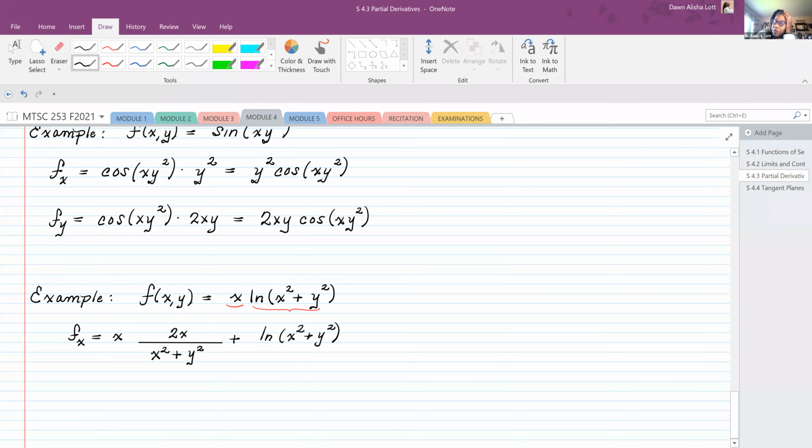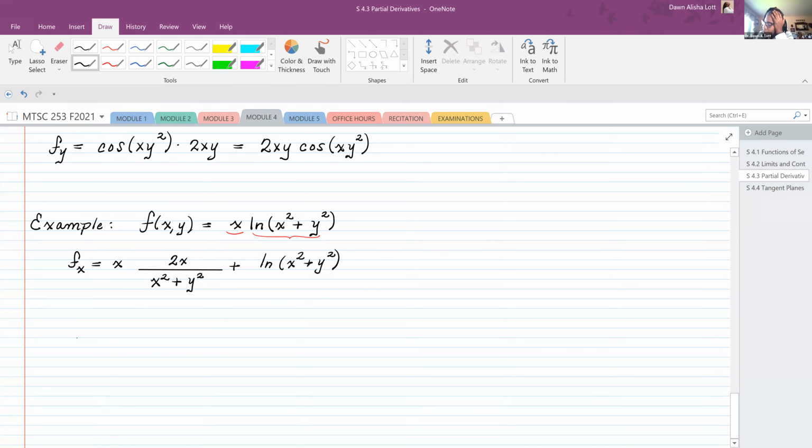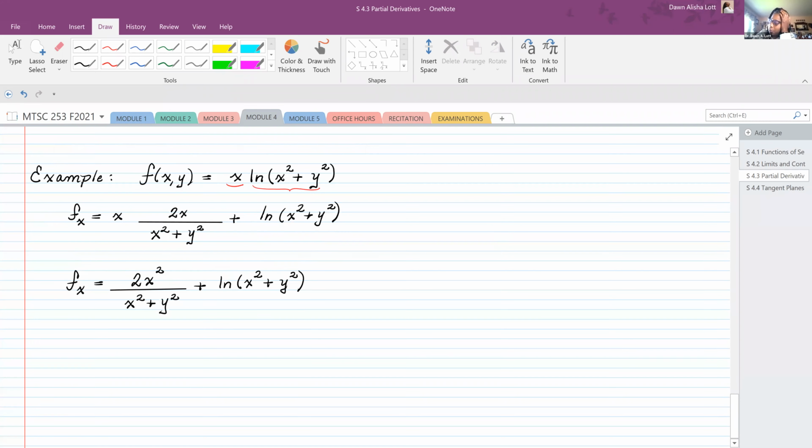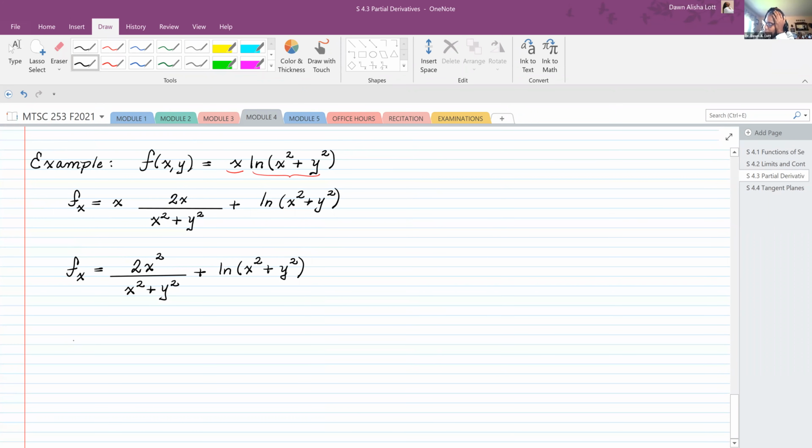So f sub x turns out to be 2x squared over x squared plus y squared, plus the natural log of x squared plus y squared. But for f sub y, that x is just a constant now, so it just stays there. So now I only differentiate the other piece.